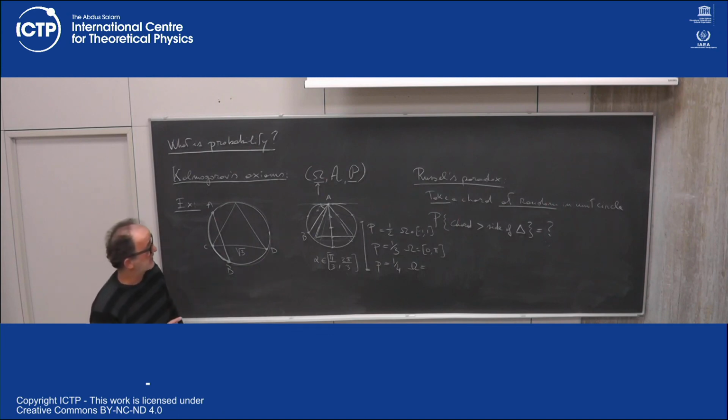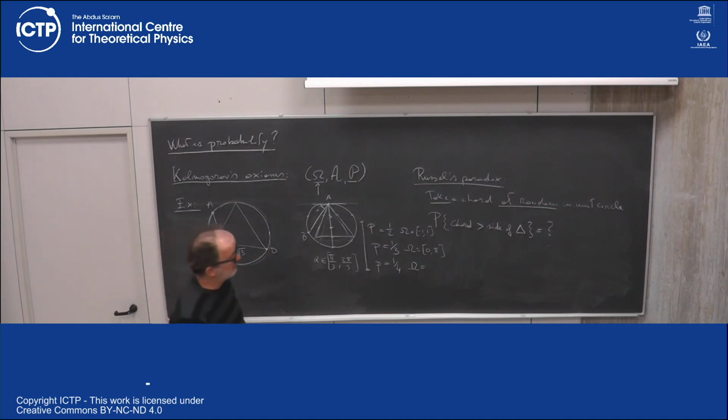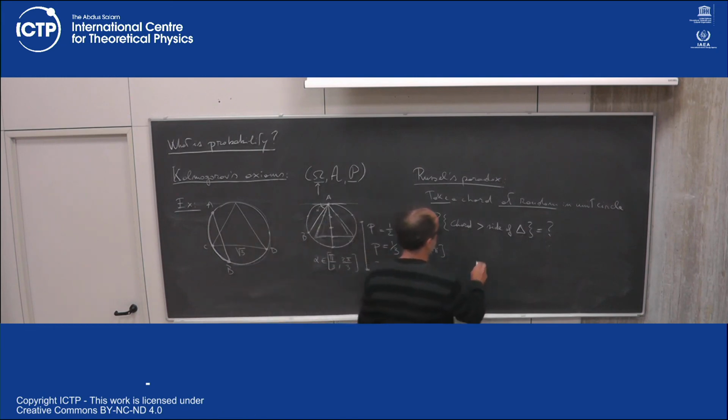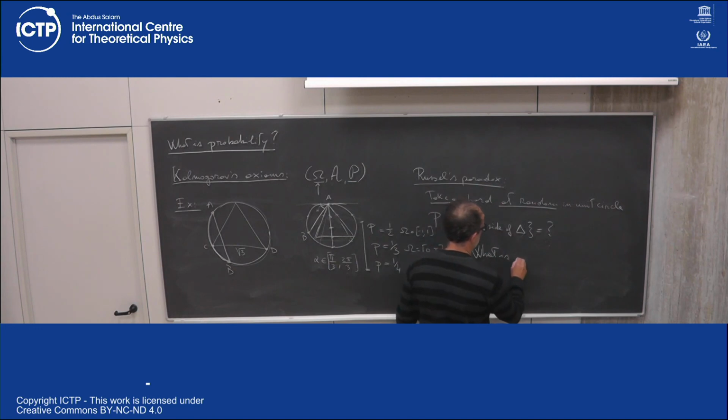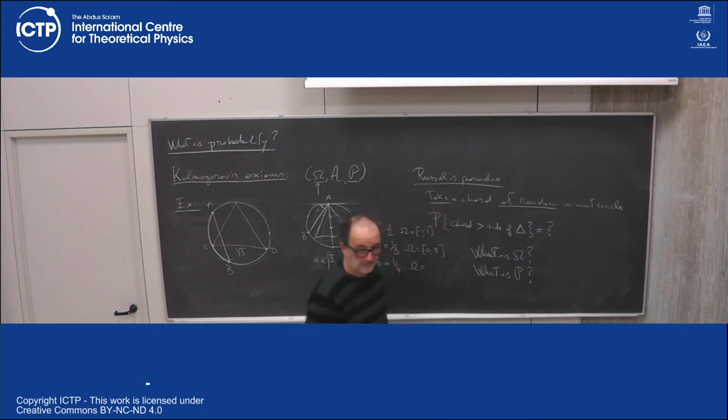So it is very important when you look at a problem that you ask yourself, what is omega? And how is the probability defined on this omega?